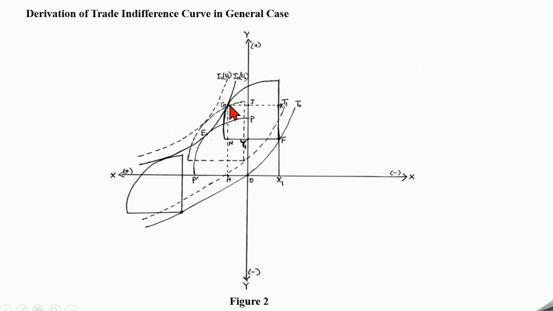Again, the coordinates of point G with respect to origin F will show the combinations of commodity X and commodity Y the country will produce.